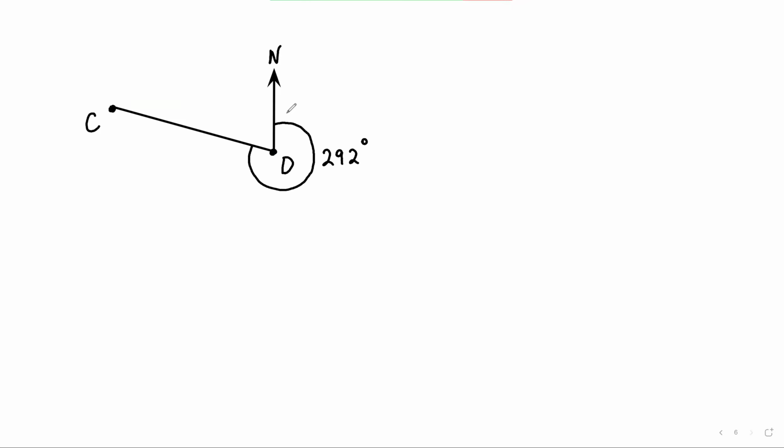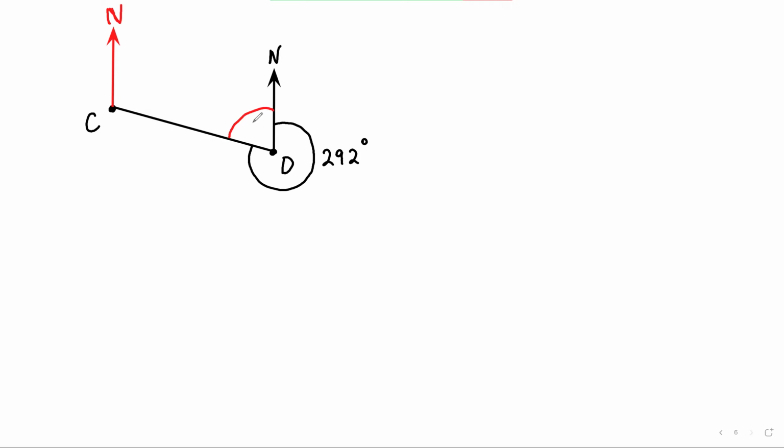So if I want to find out the bearing of D from C, I'll put my north line at C now because it's from C. So now the two north lines are parallel to one another. And I can figure out the angle because if this angle on the outside here is 292, I can figure out what this angle here is.